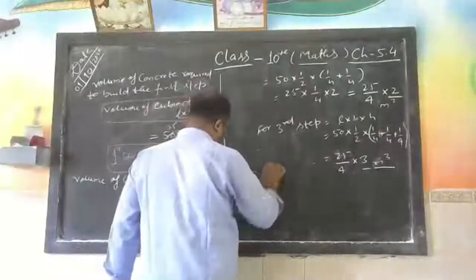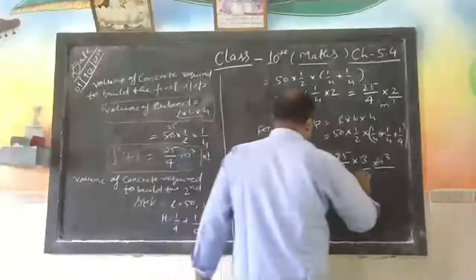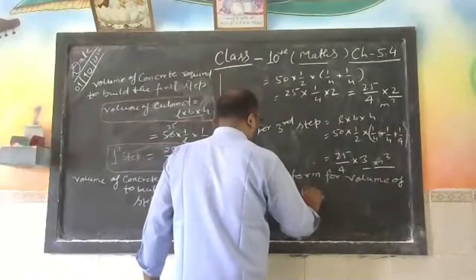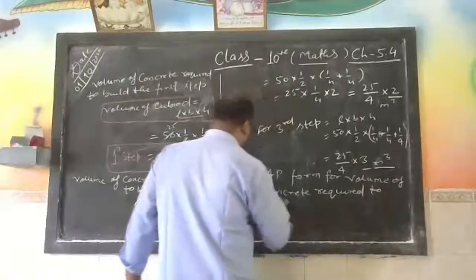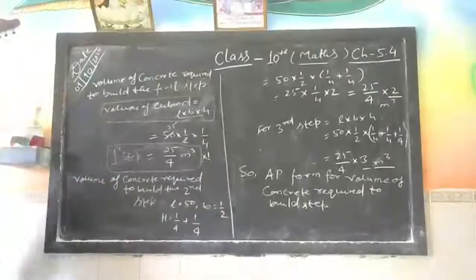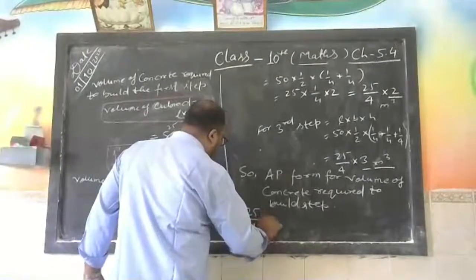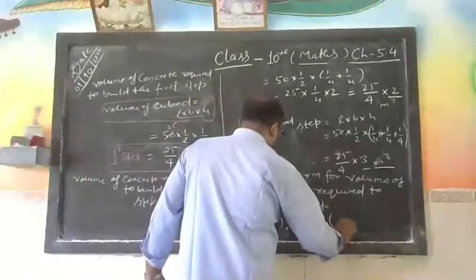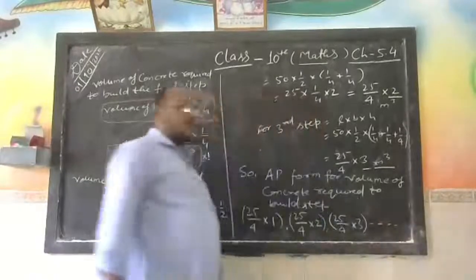So an arithmetic progression forms for the volume of concrete required to build the steps. The arithmetic progression is here: 25 upon 4 into 1, 25 upon 4 into 2, 25 upon 4 into 3, and so on up to the 15 steps.